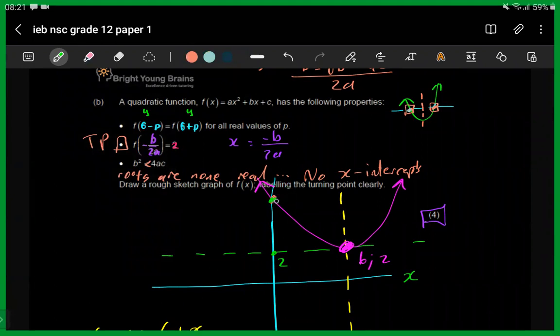you'd be thinking to yourself, okay, fine. What you know is this point and this point have the same y value. If p is positive, judging from the question, they only ask for the labeling of the turning point and our shape.